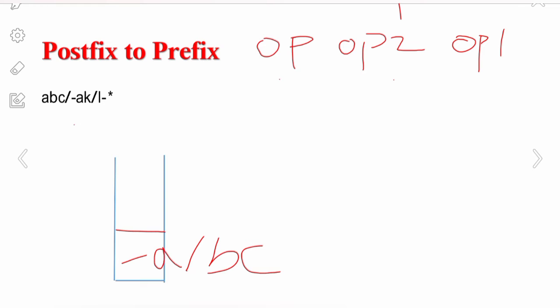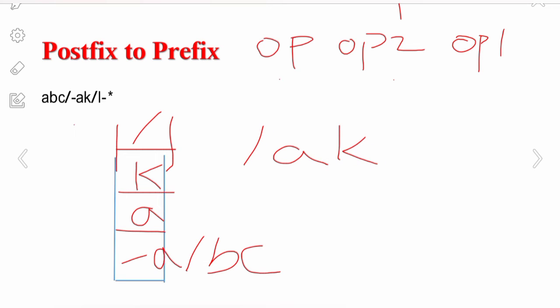Next, A is pushed to the stack and then K is pushed into the stack. Now the next division operator is pushed to the stack. Again apply the same formula, that is the operator, operand 2 is A, operand 1 is K, that is division AK. So we are again going to push it back to the stack.